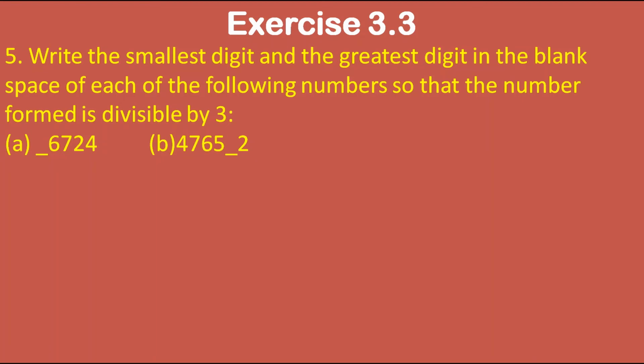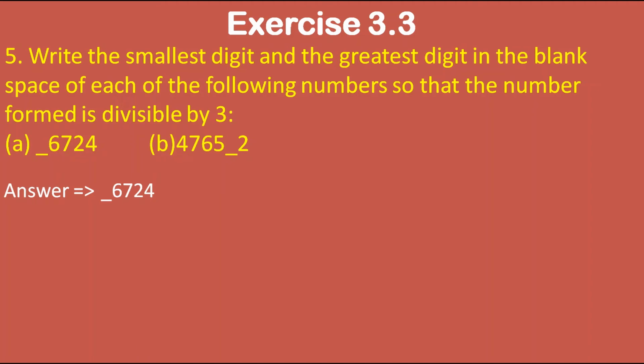We have to find the digit which, when we put it in the blank space, makes the number formed divisible by 3. Okay, so let's first write the number, that is dash 6724. As per the rule of divisibility by 3, if the sum of the digits is a multiple of 3, then that number is divisible by 3.